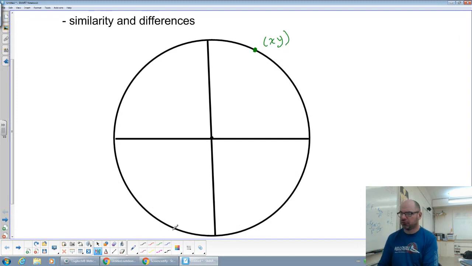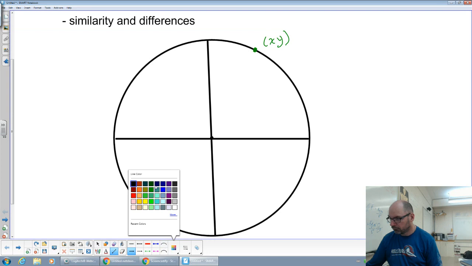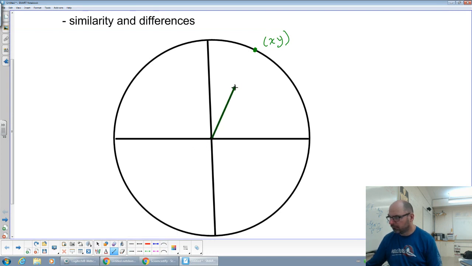If we draw a green line out to it from here, we can draw the projections.